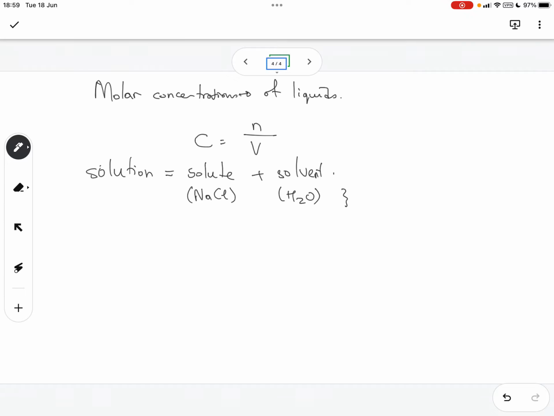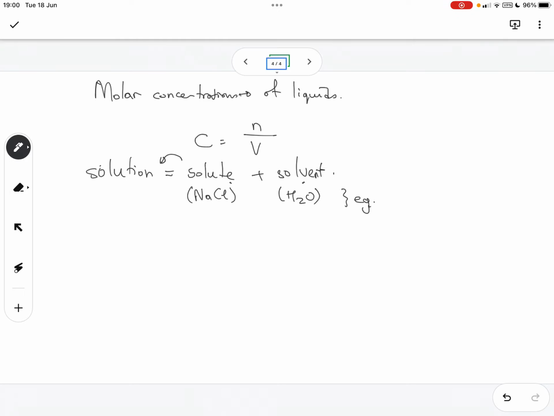So this would be an example. In that example, we'll be able to see the difference between the solute and the solvent, and those two give us a solution. So the definition of a solution is dissolving some substance in a liquid.